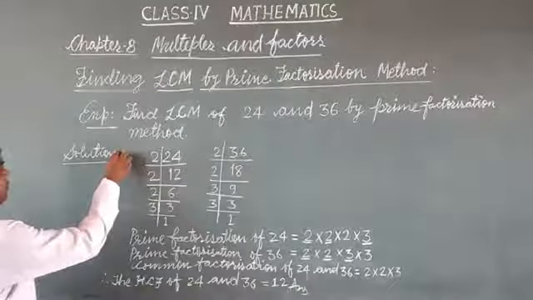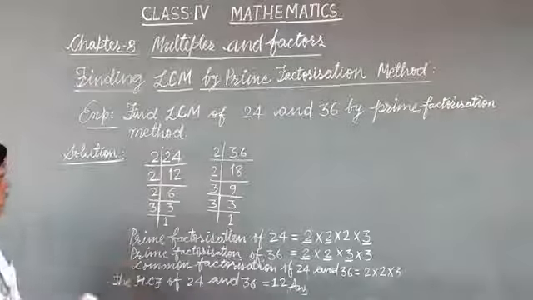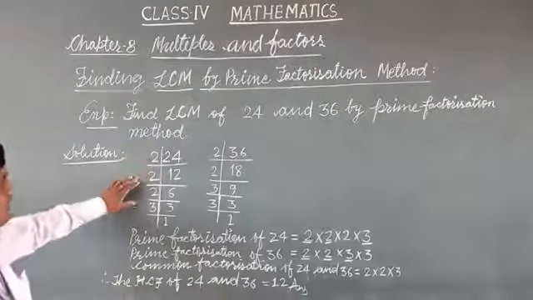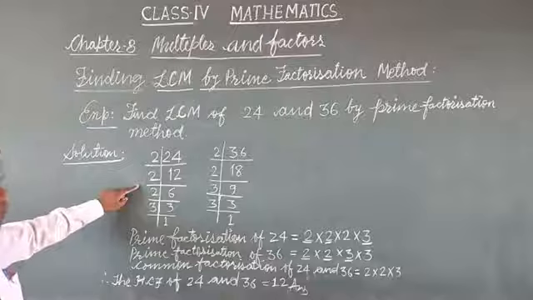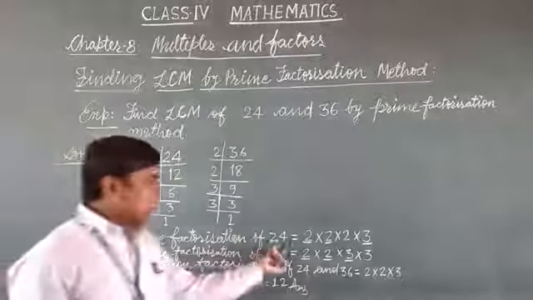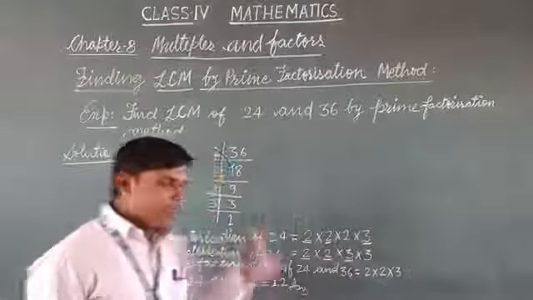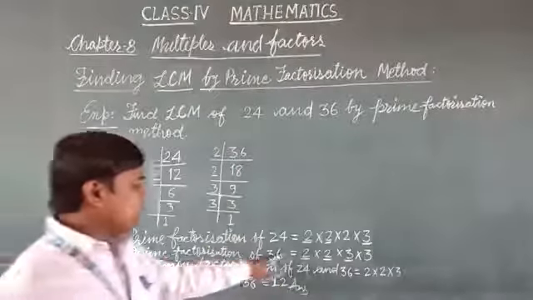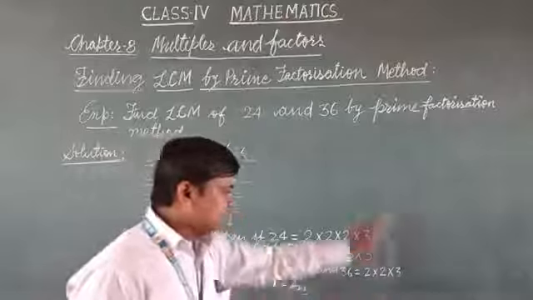Again, in the solution we write in the same way, prime factorization for 24, prime factorization for 36. So prime factorization of 24 is 2 into 2 into 2 into 3, and prime factorization of 36 is 2 into 2 into 3 into 3.